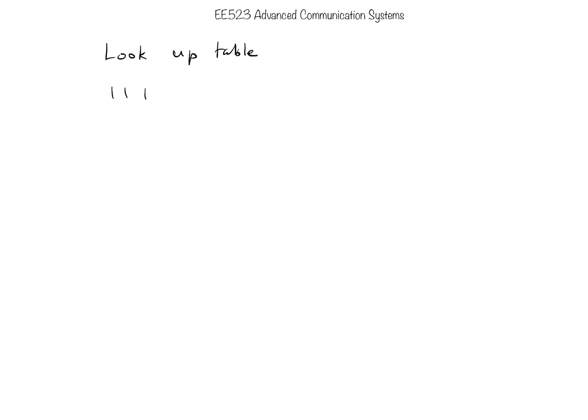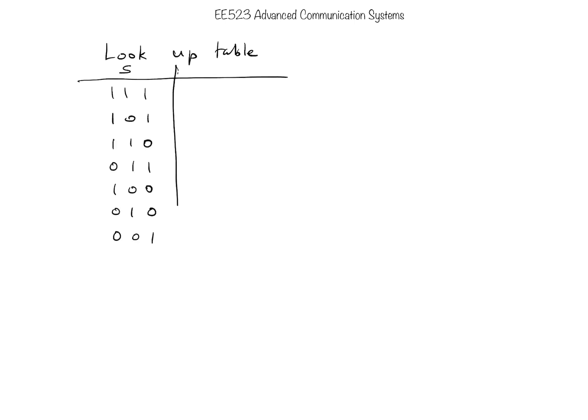So the lookup table will contain all the possible syndromes, which are 1 1 1, 1 0 1, 1 1 0, 0 1 1, and 1 0 0, 0 1 0, 0 0 1. So that is the syndrome. So the lookup table has a column denoting the syndrome, and then it has another column called the error vector.